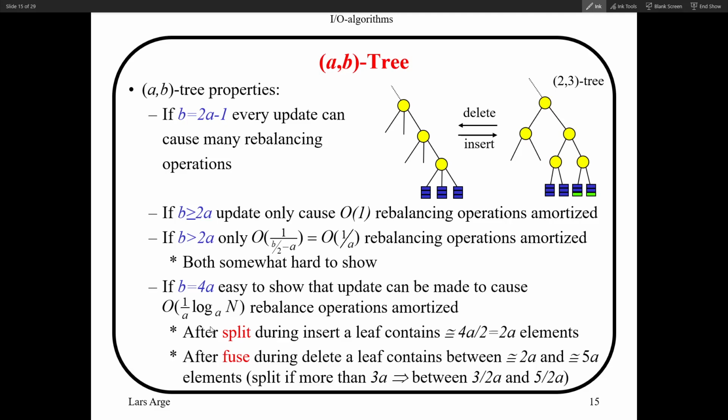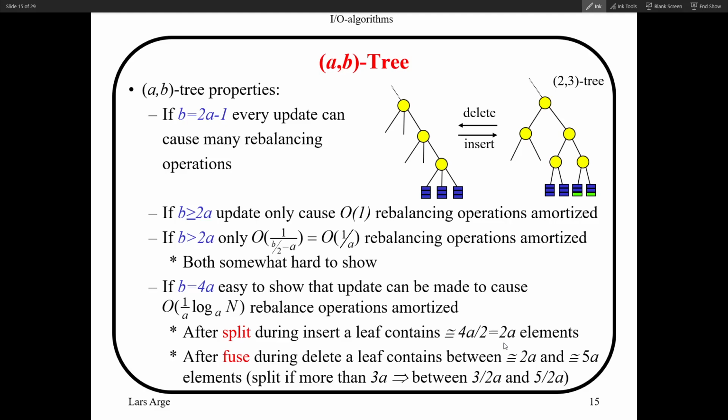So what can we say about this case? Okay. After we do a split, you can see that a leaf contains roughly B divided by 2 plus or minus 1 elements, where B is 4 times A. So that's going to be roughly 2A elements.